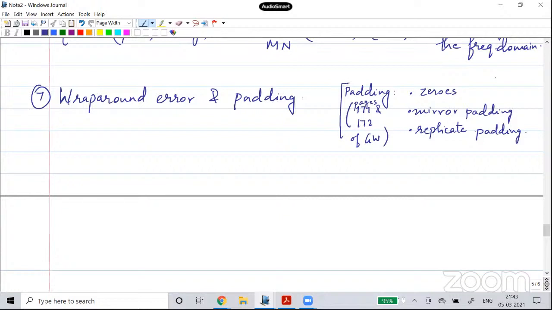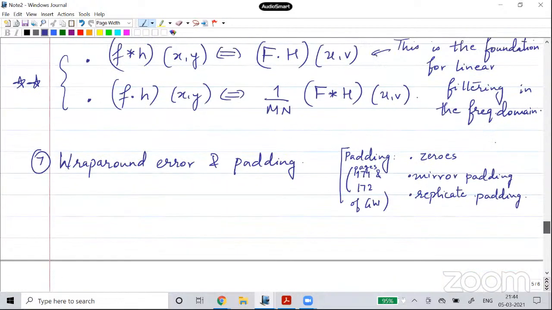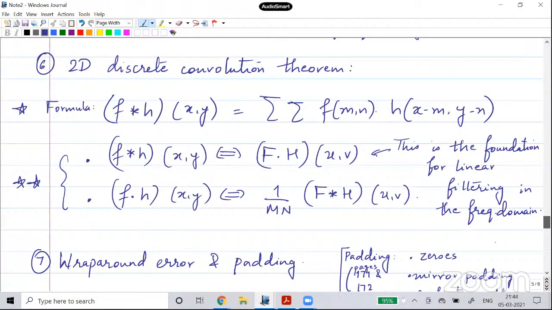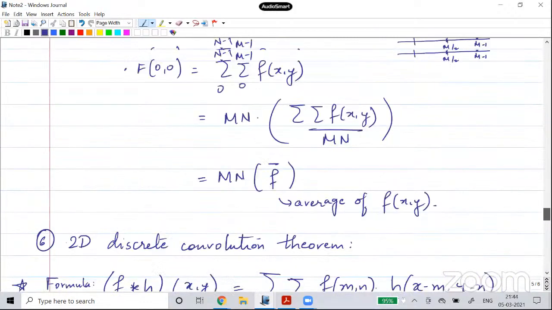Now, because we deal with discrete quantities in this Fourier domain, the computation of the Fourier transforms is carried out using the discrete Fourier transform. In the discrete Fourier transform, the formula that we wrote above, you can see the periodicity.